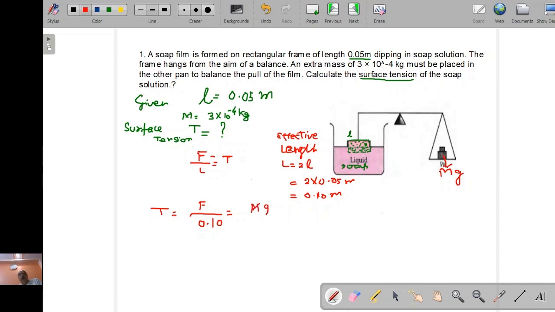The additional mass which balances the film is m, and the additional weight required is m into g, and it is 3 into 10 to the power minus 4 into 9.8 upon 0.10.